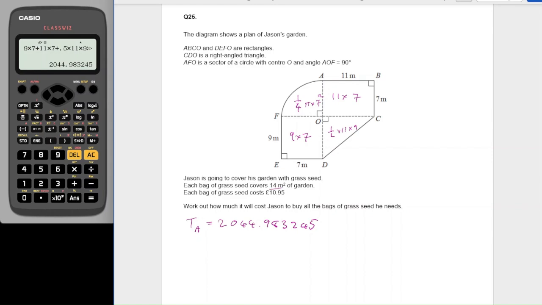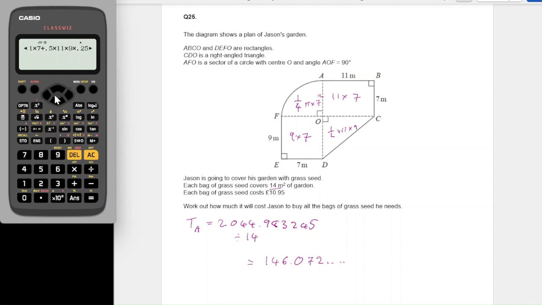So the number of bags of seeds that he needs is going to be that divided by 14. So if I do that divided by 14, it gives me the value of 146.072... and this just seems too large, and I've gone back and looked at my calculation, and what I've done is 0.5 times 11 times 9.